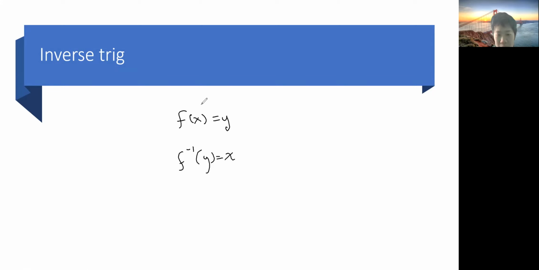If we plugged x into the first function, the output was y. The inverse function takes in the output we just had, and its output is the input that we had. So it kind of swaps them.